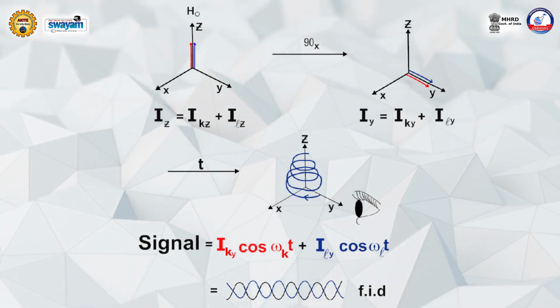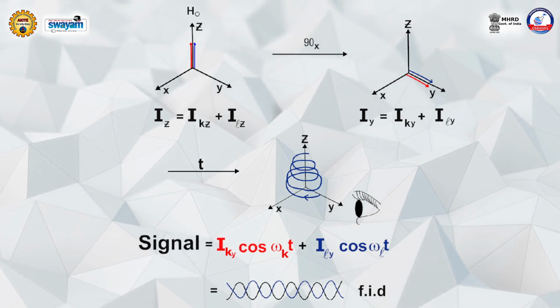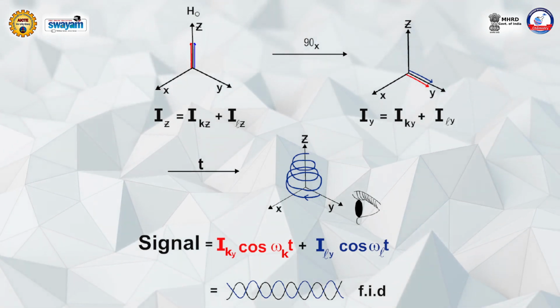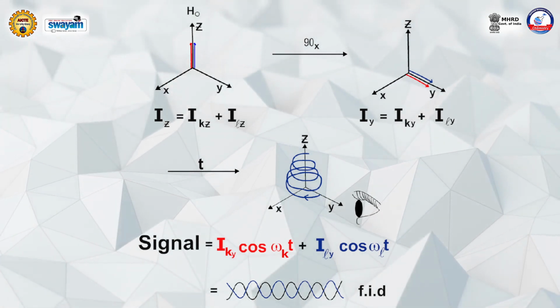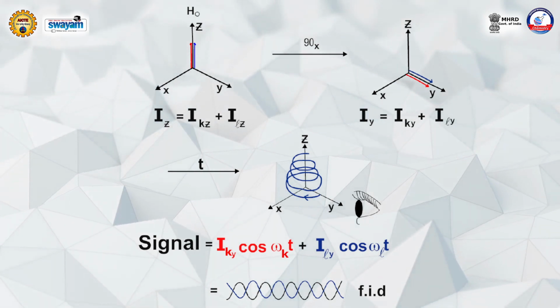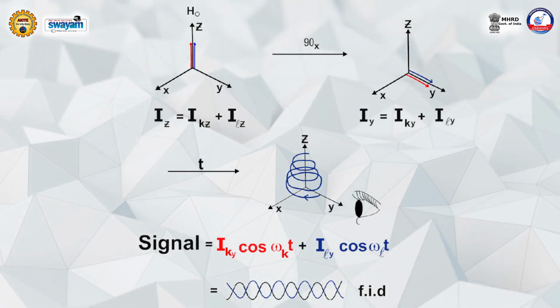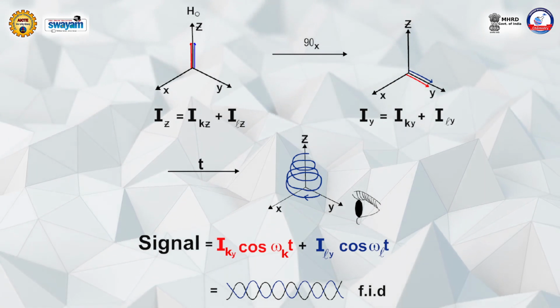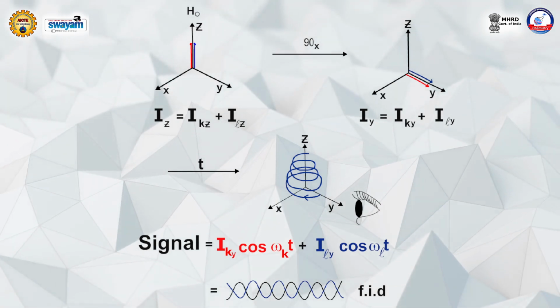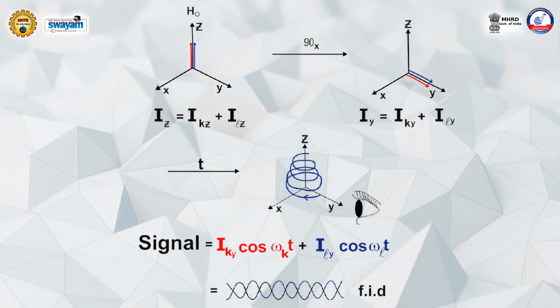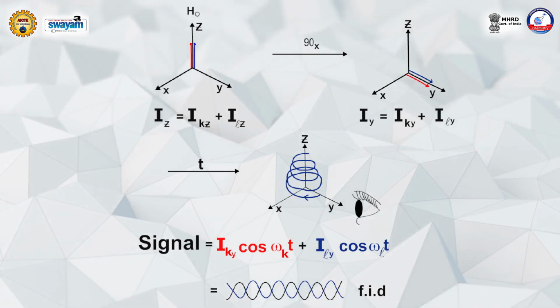The individual spins which are going with their characteristic frequencies will all induce a characteristic voltage in the detector. Therefore what I will collect is the superposition of all these individual inductions from the spins, indicated by the summation of all of these time dependent functions.